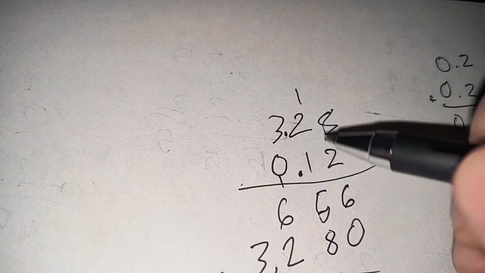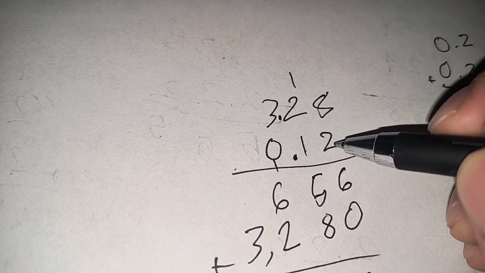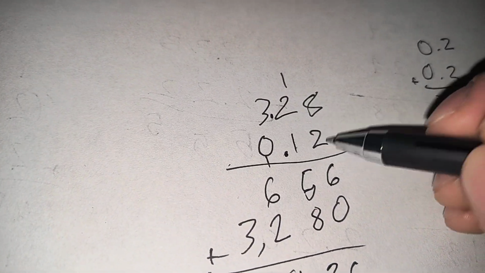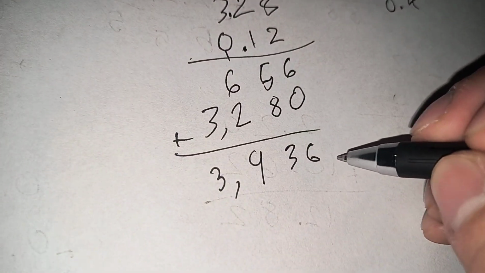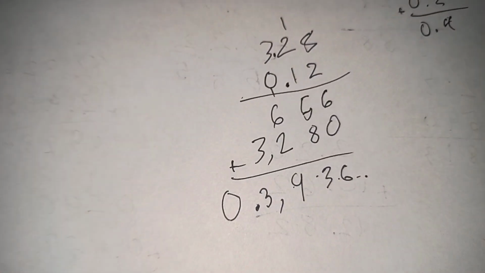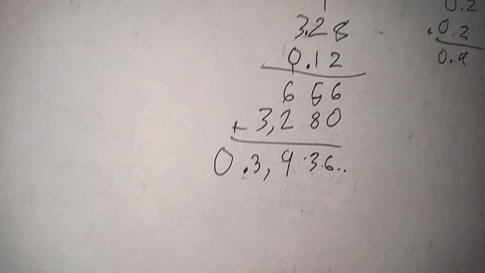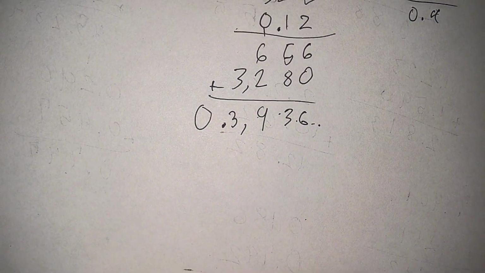And in 0.112, there's 3 decimal place values. So there's 1, 2, 3, 4, 5 decimal place values in the whole thing. So we start at the right and we count, and we put the decimal point right here. And that would be the difference between decimal multiplication and normal multiplication.